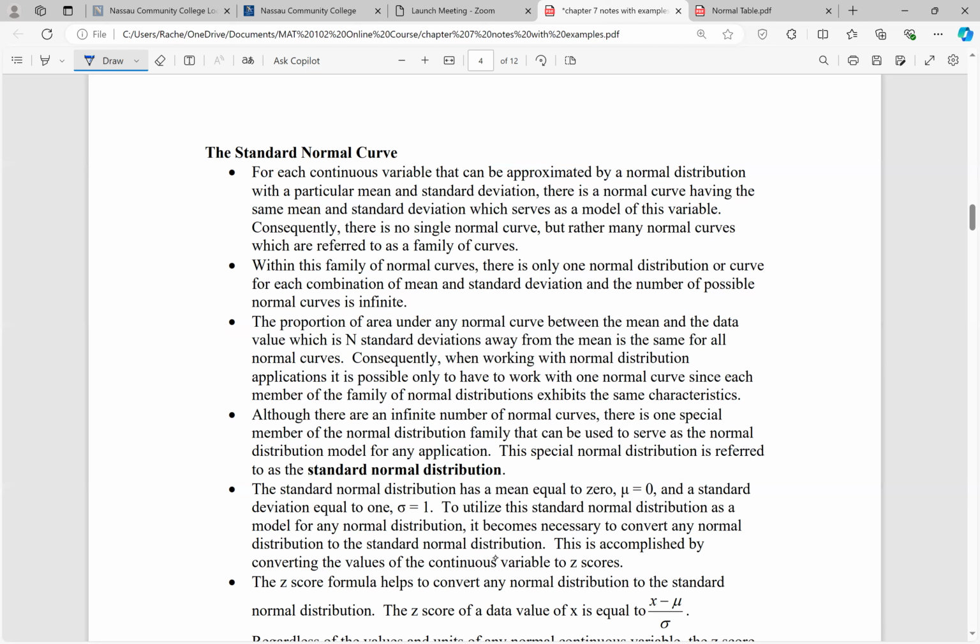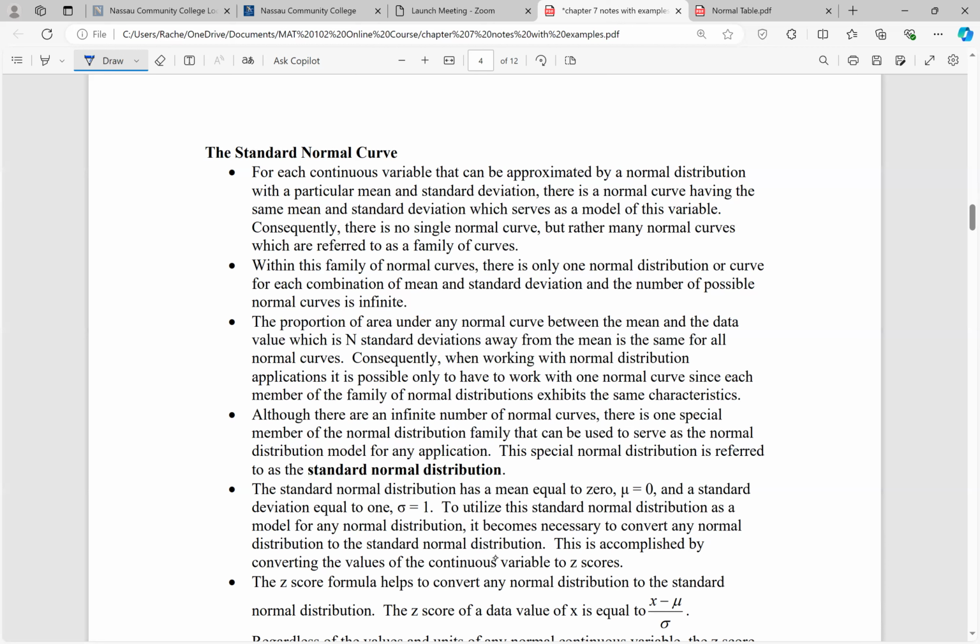So we have a single table that's going to give us the proportion of area under any normal curve. But how is that possible if they're all different units, right? Like time is in minutes or seconds or hours, weight could be in pounds or kilograms. So how do we have this one normal curve that's going to represent the area, and we could apply that to any continuous random variable?